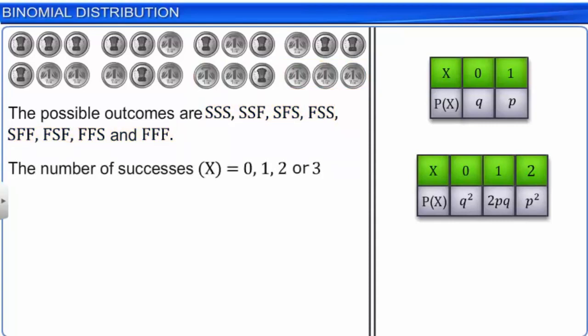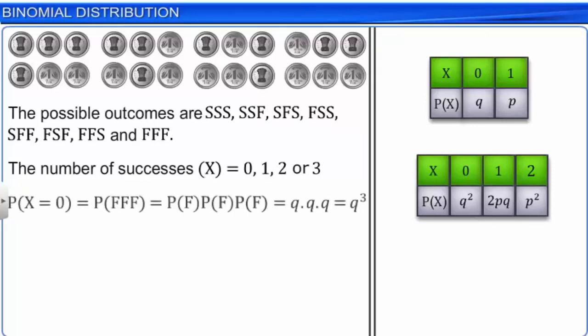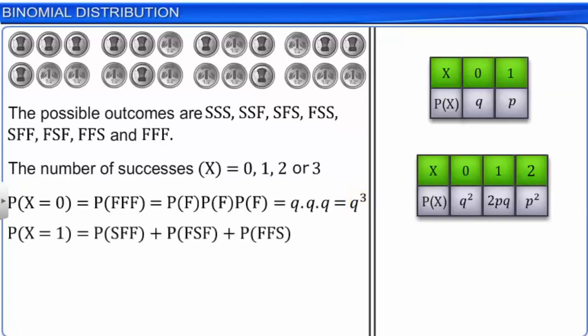Therefore, the probability that X can take the value 0 is the probability of the occurrence of FFF, which is Q cubed. The probability that X can take the value 1 is the sum of the probabilities of the occurrences of the events having one success, which is 3PQ squared.